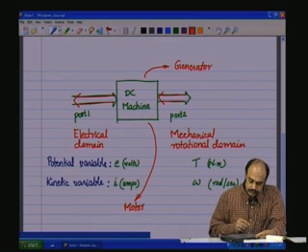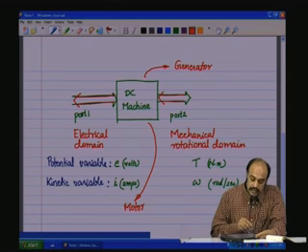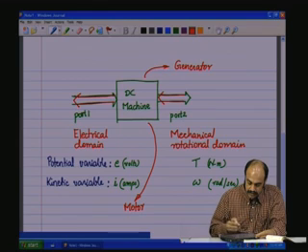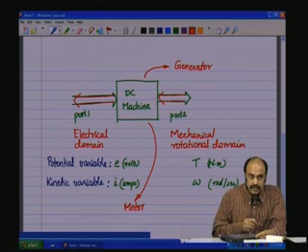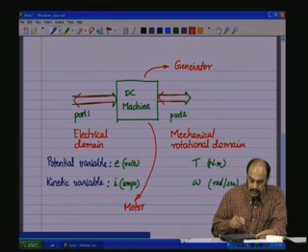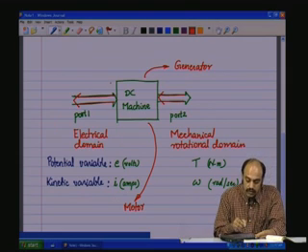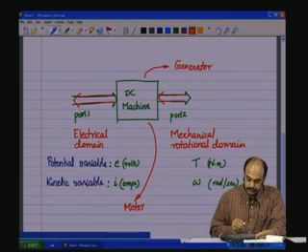As the effort and flow on the electrical side are DC values, both in the case of the motor and the generator, the machine is called a DC machine.